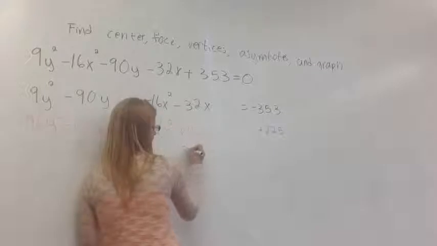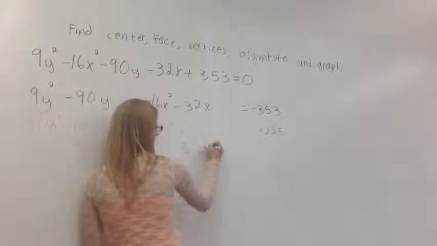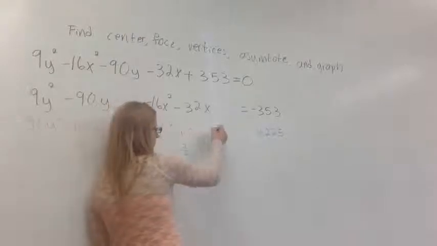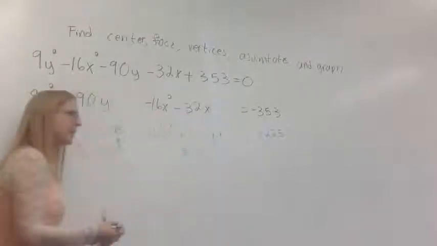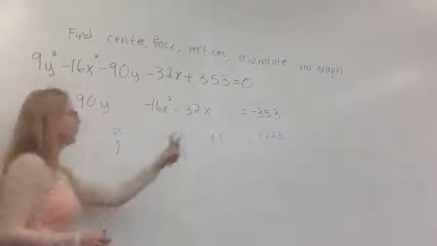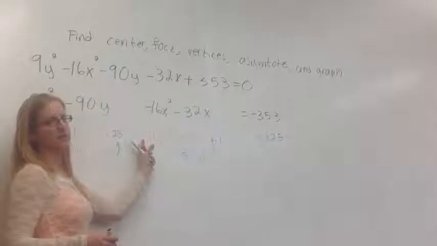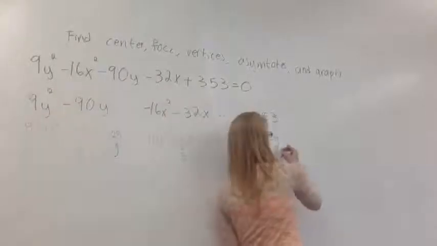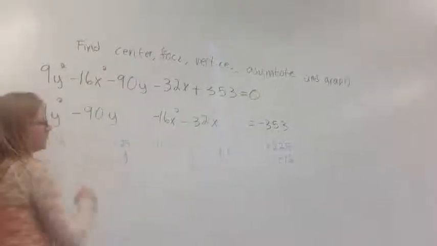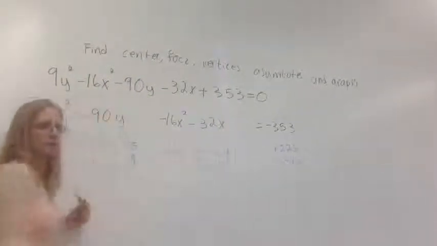Take the middle number, divide it by 2, square it, and that's going to go here, right? Which in this case is what number? 1. So plus 1. Is it really a plus 1? No. What is it? 1 times negative 16. And that's what's going to go to the other side. This was 25 times 9, which was positive. This is 1 times negative 16, which was negative.